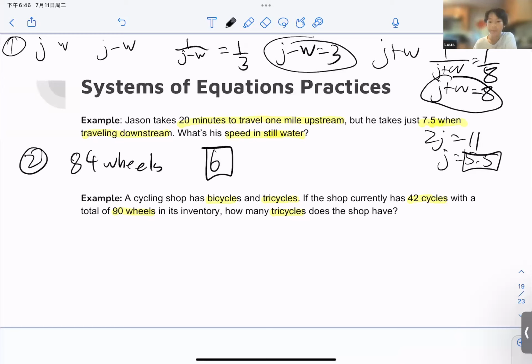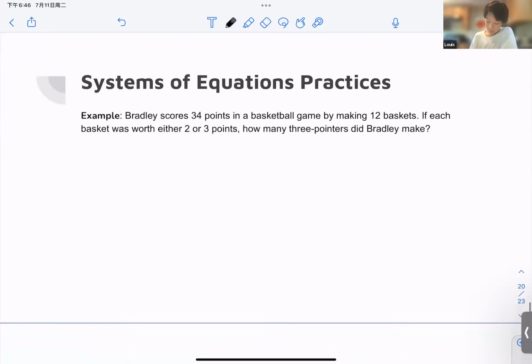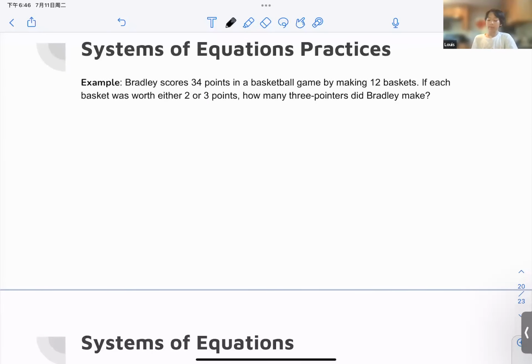Questions? No questions, and I'll move on. So I'll give you guys a minute to solve this one.